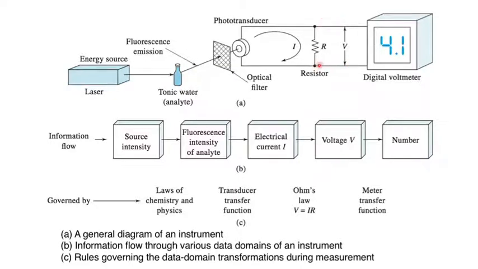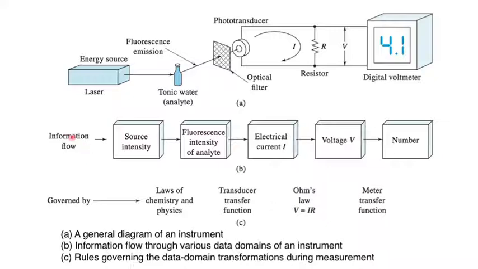We have a resistor in here, and then here is our digital voltmeter, which is measuring the signal as electricity. Then we convert that signal into some sort of chemical measurement, some sort of value in our UV spectrum or in our IR spectrum or whatever it happens to be. It should be a fluorescence emission spectrum in this case.